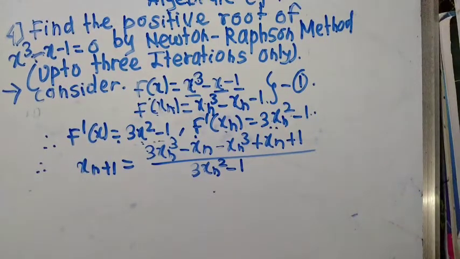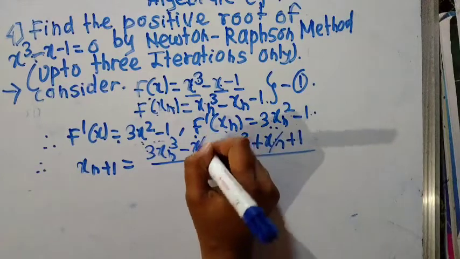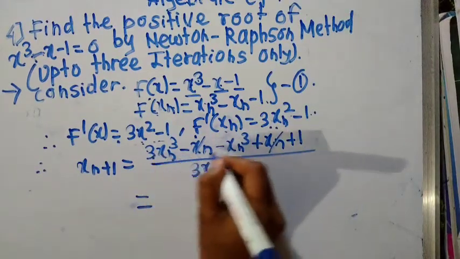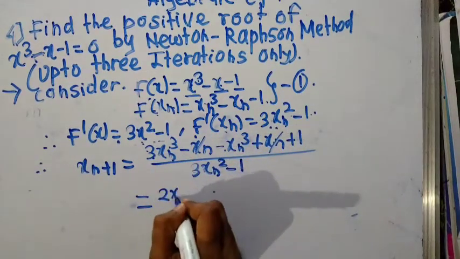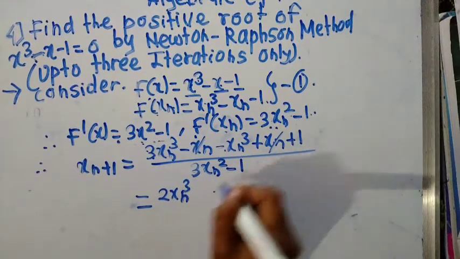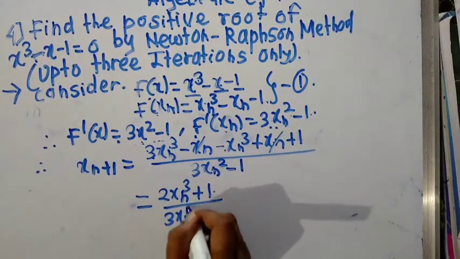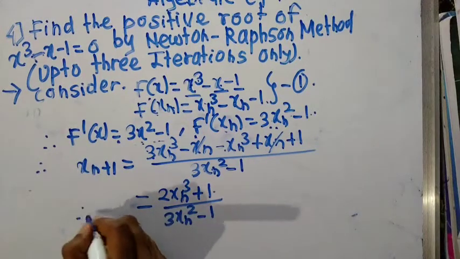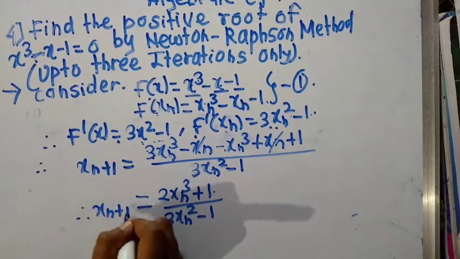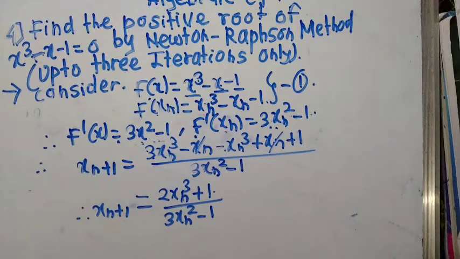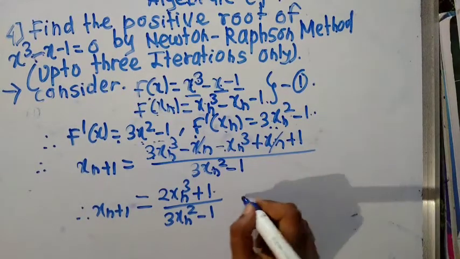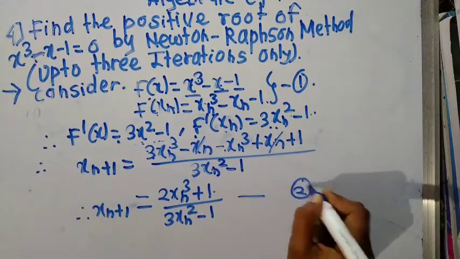So here plus xn and minus xn are cancelled and 3 minus 1 is 2xn cube plus 1 divided by 3xn square minus 1. This is xn plus 1, this is equation second.